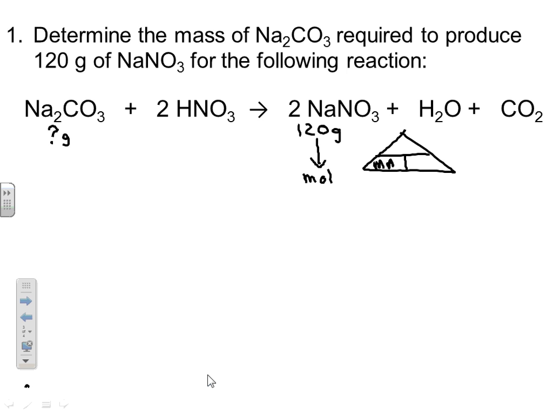Molar mass is grams per mole. So maybe under this area, I would put the equation that I need. I'm trying to find moles. I cover up moles. Moles is equal to grams divided by molar mass.